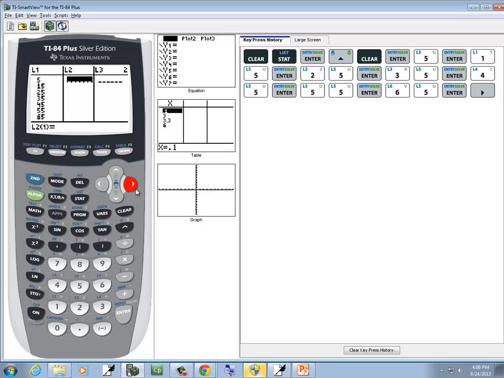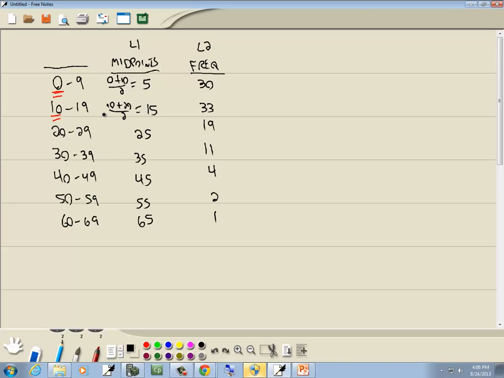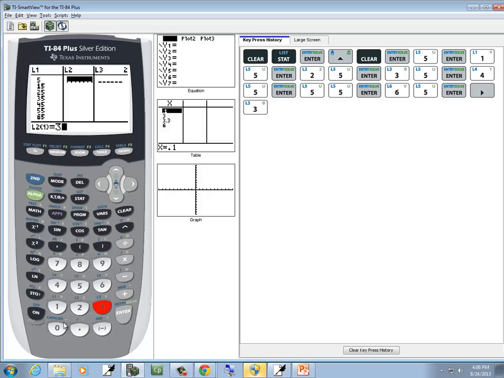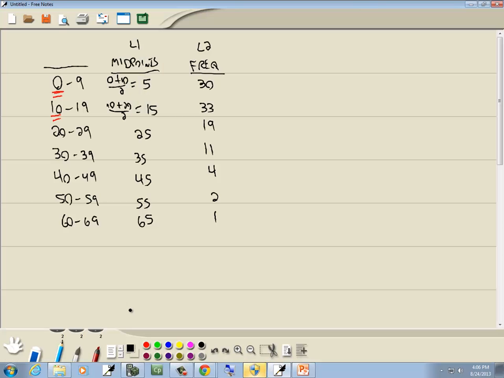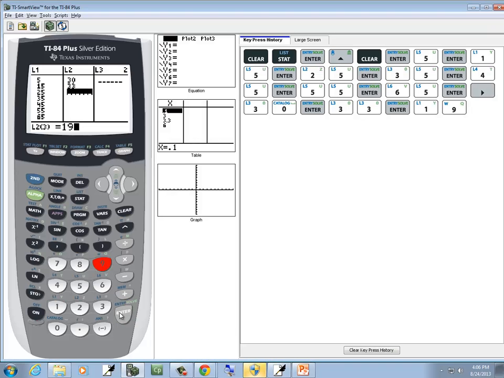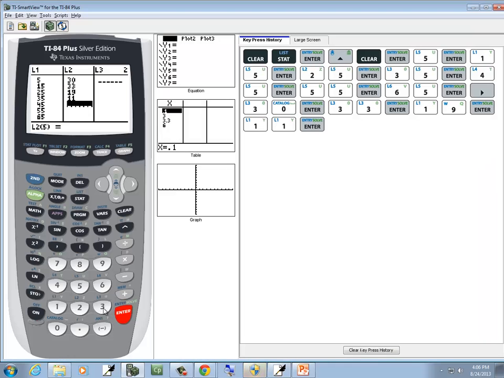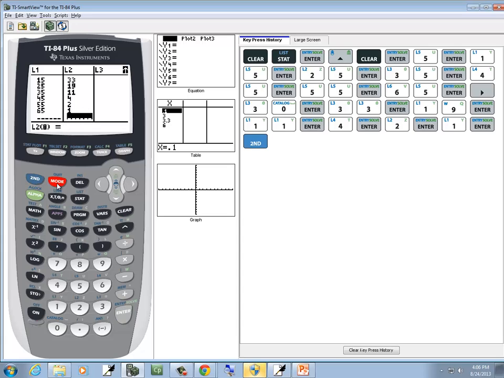I'm going to right arrow, and I'm going to put my frequency in L2. So 30, enter, 33, enter, 19, enter, 11, enter, 4, enter, 2, enter, and 1, enter. Now they should have the same number of entries if you didn't mess it up.